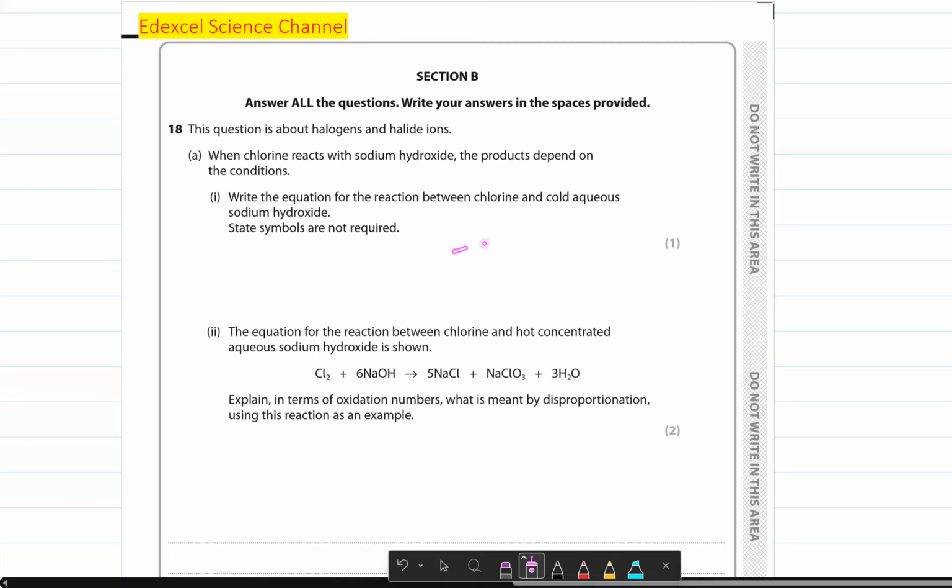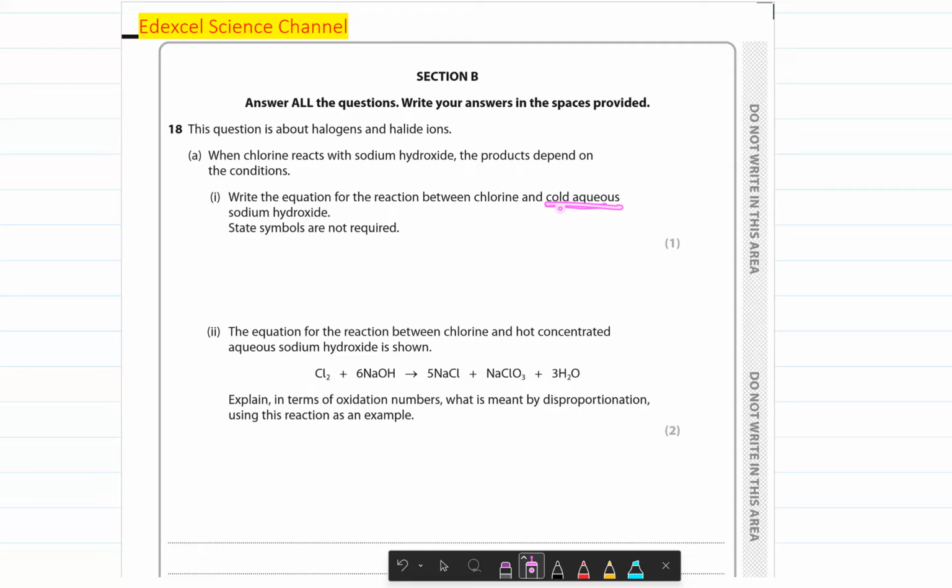So this is from topic 3, the disproportionation reactions of halogens when they react with alkali. You have to remember that if they're reacting with cold aqueous alkali, then they will produce halate 1 ions, which is basically XO minus ion. And if they are reacting with hot and concentrated, then they will produce halate 5 ions.